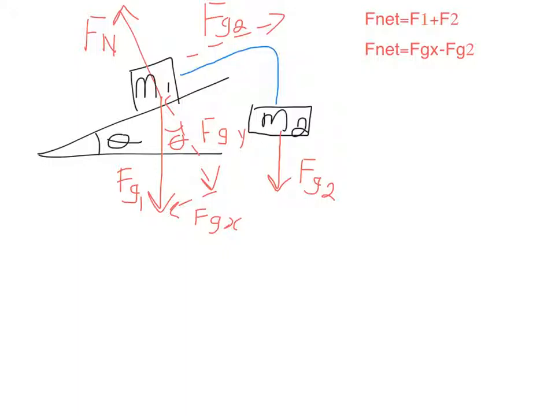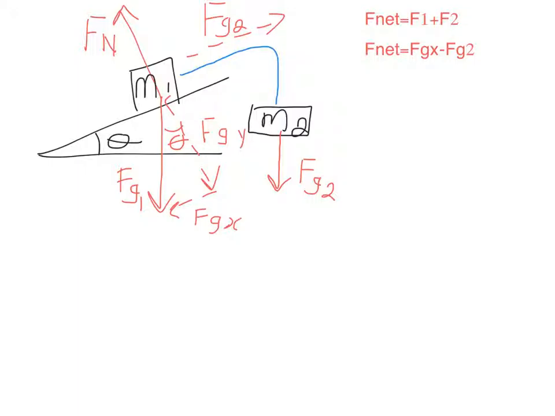The only thing we need to remember, and you notice I haven't put in a symbol here yet, is that these two are in opposite directions. Fgx is going down the incline, Fg2 is going up the incline, so they're in opposite directions. So one needs to be positive and one needs to be negative.